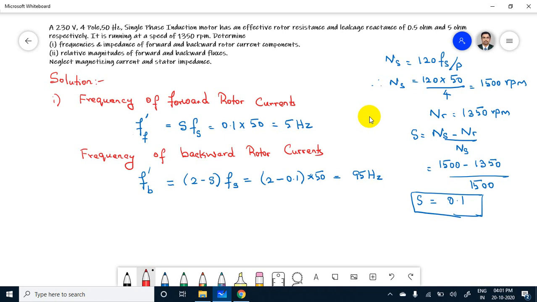Next, impedance also we have to calculate. Impedance means Z. Impedance of forward rotor current.